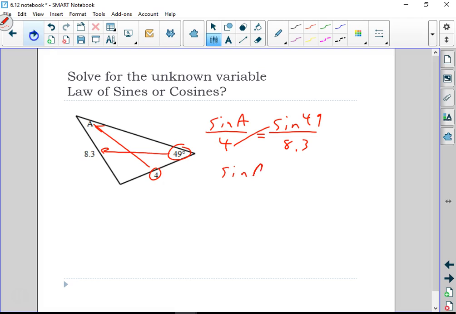The sine of A equals 0.3637. Now, we're trying to find an angle. So we're going to take the inverse sine, second sine, and just put in 0.3637.